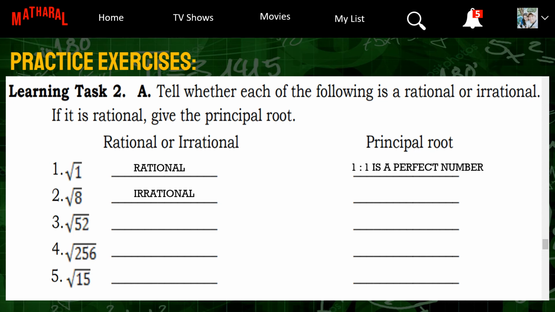The square root of 52 is irrational, because there is no such number that multiplied by itself produces 52. The square root of 256 is a rational number, because it has a principal root, which is 16. And the square root of 15 is irrational, because there is no such number that multiplied by itself produces 15. So, let's proceed.